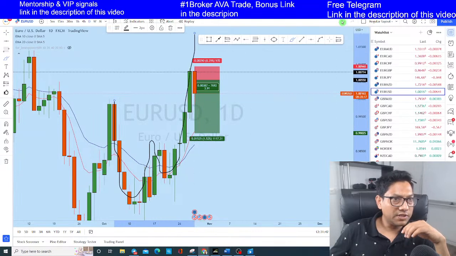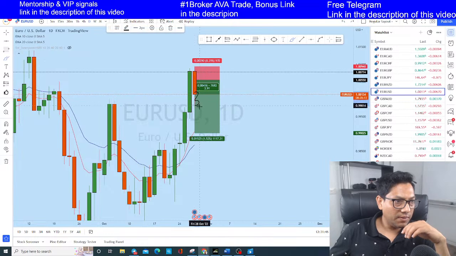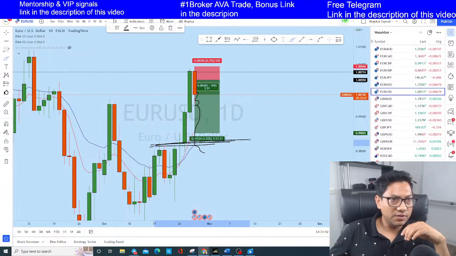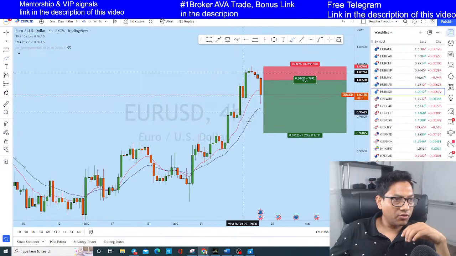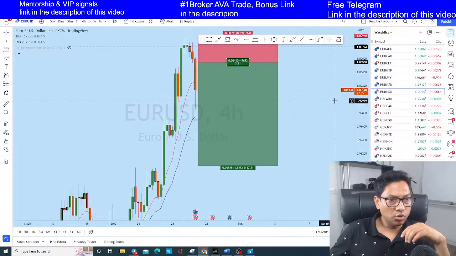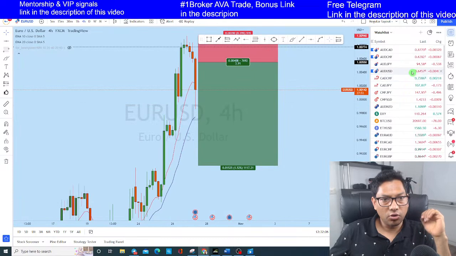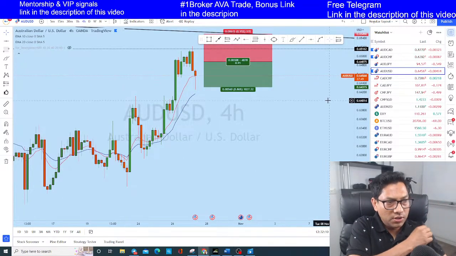It is overextended to the upside, and I sincerely believe that at some point this price will come back down at least to this level where there is a doji. That can give us a nice profit target hit on this one, and we'll keep running that trade until we see full profit of 4 times profit, so 4%. We closed the 1% trade on Aussie dollar, so it's gone up now, but we have closed.